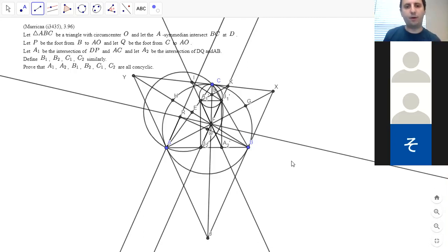No, we kind of redefined these points so that it would be cyclic, but the original A1 and A2, we haven't proven that it's cyclic.